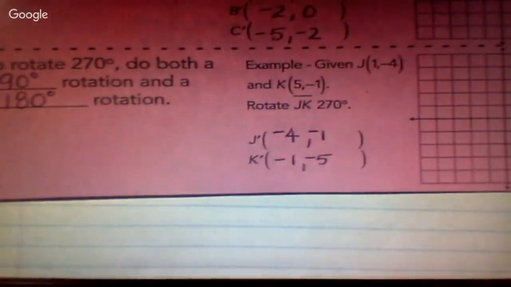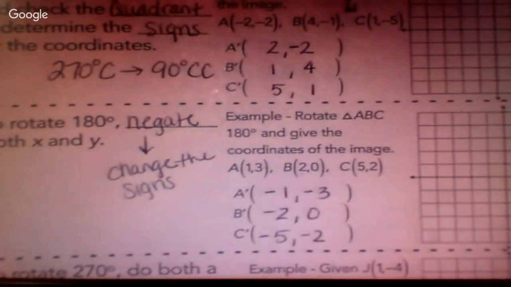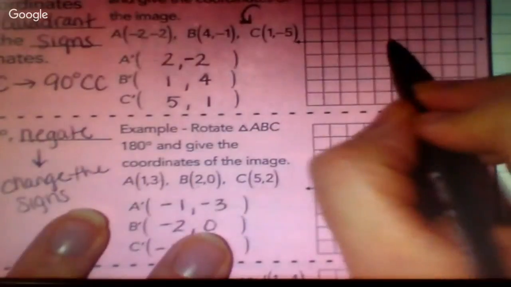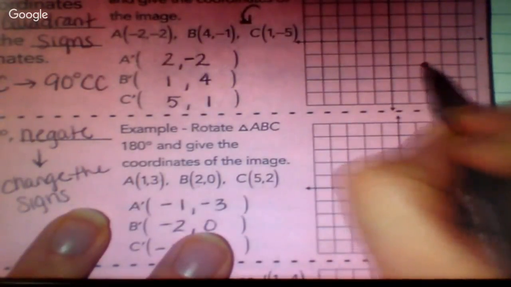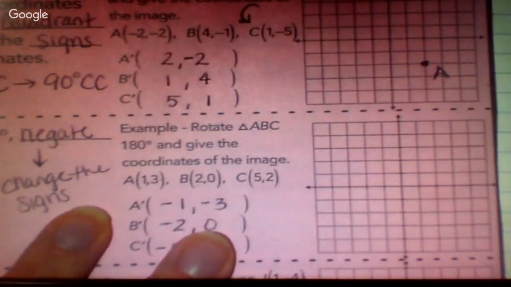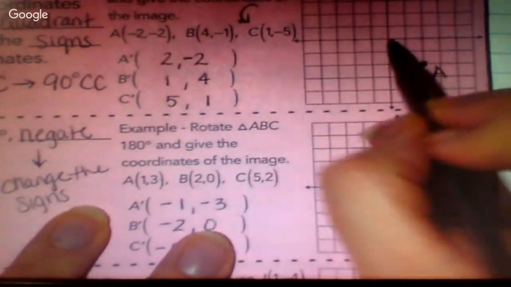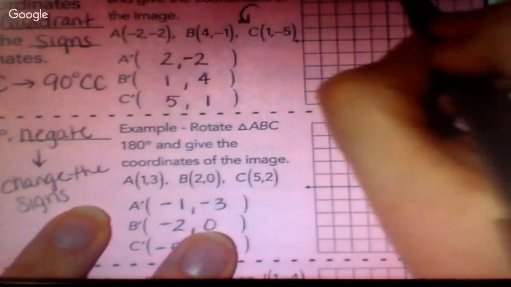Okay. The last thing I want you to do is go ahead and plot all these points. We're going to do one of them together, and I'm going to let you do the other two. 2, -2 says from my middle, I'm going to the right 2 and down 2. This is A. B says from the middle, +1 goes to the right 1, +4 goes up 4.